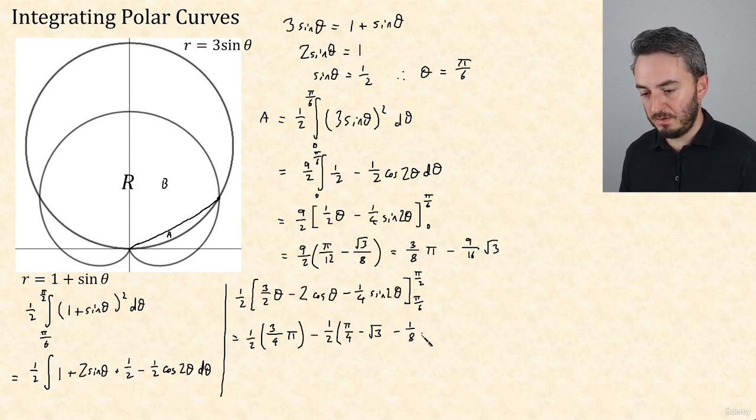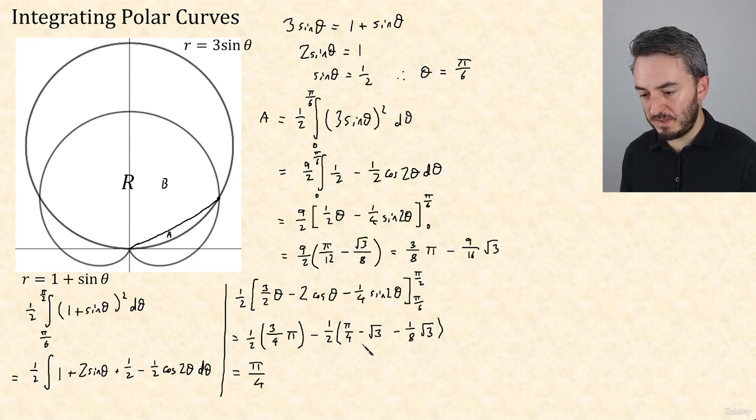an eighth root 3. So in total, our region B, how many pi's have we got? We've got 3/4 pi times a half, and we've also got minus pi over 8. So in total, that's a quarter pi. And how many root 3's have I got?